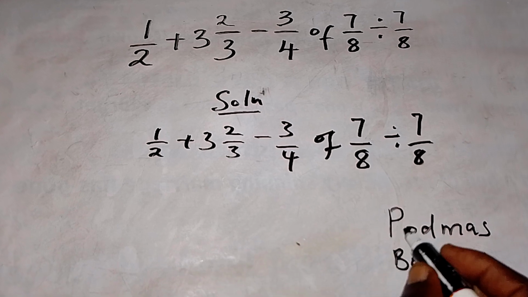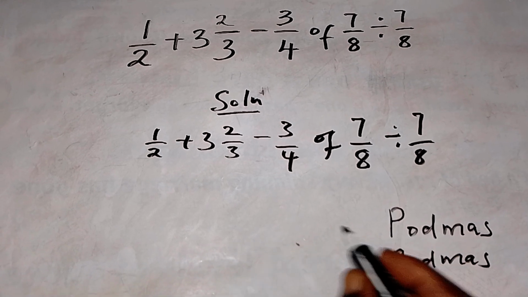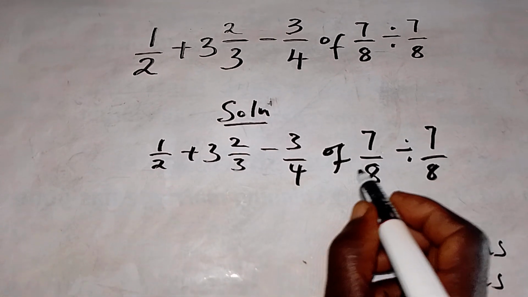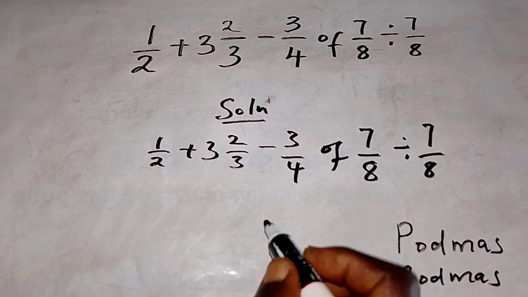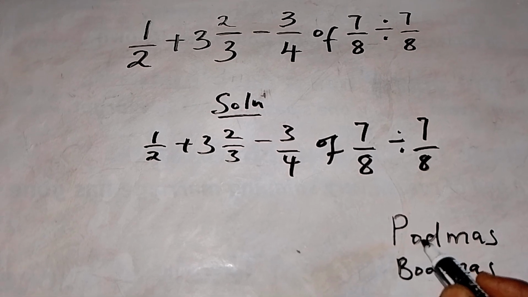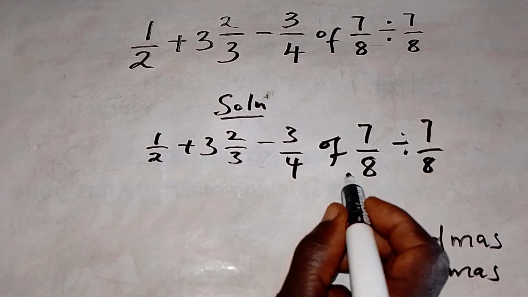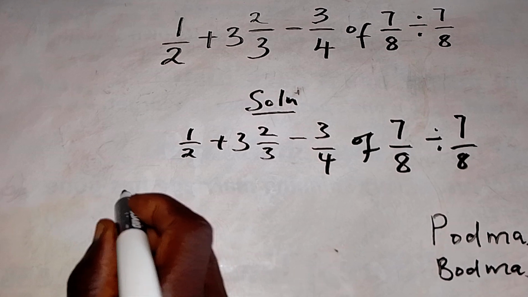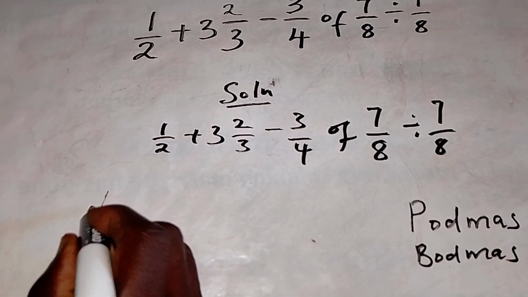So the first operation here is parentheses, and since we don't have parentheses in our problem, we move to the next operation, which is of, and I can see we have of here, so we can write the fraction as follows.